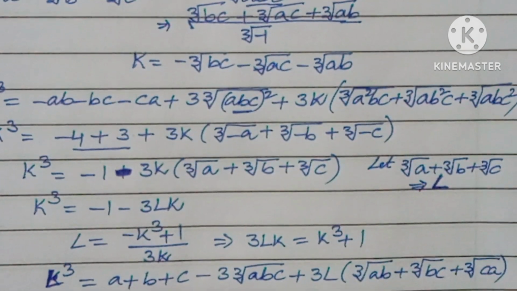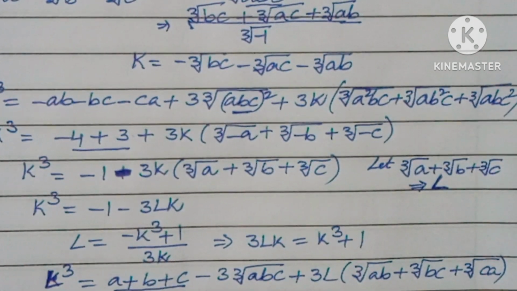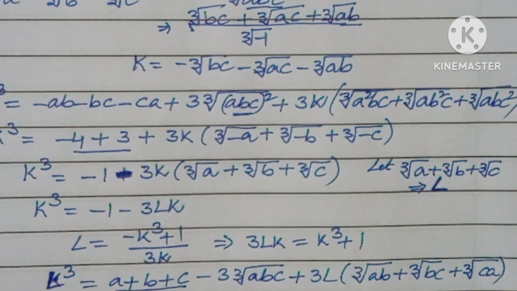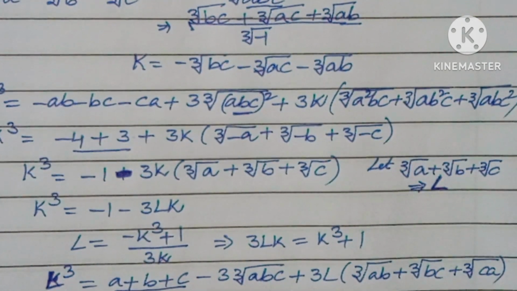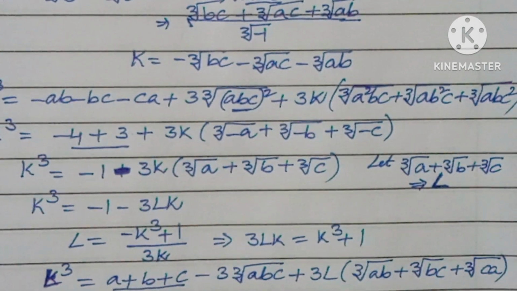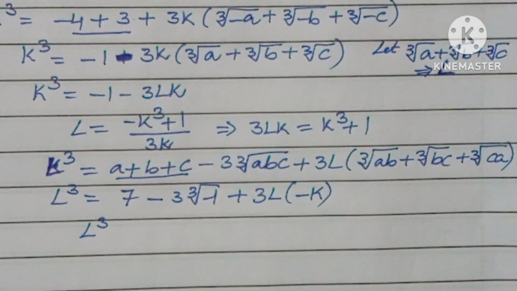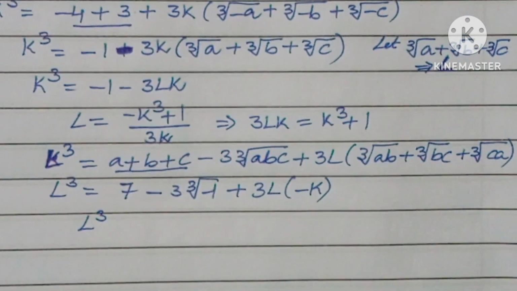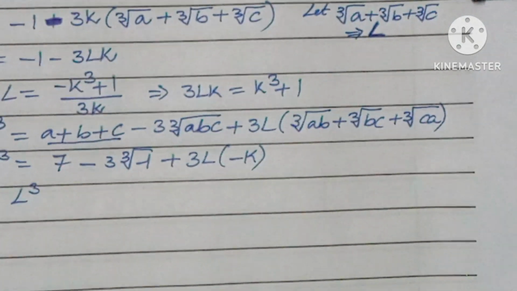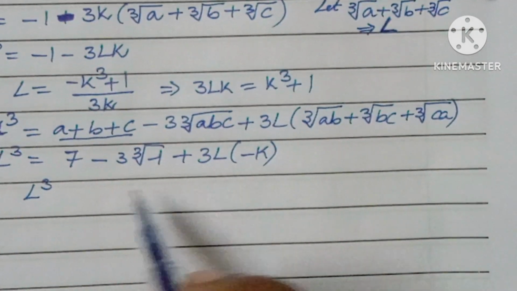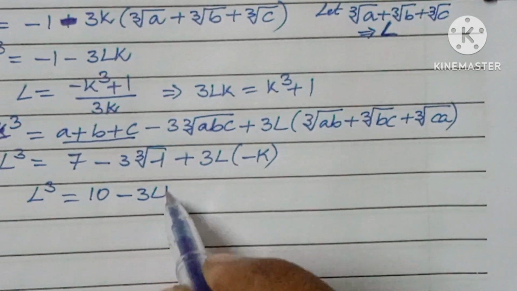So L cube is equal to, this value is 7 minus 3 cube root of minus 1 plus 3L into, this value is minus K. So L cube is equal to here 10 minus 3LK.